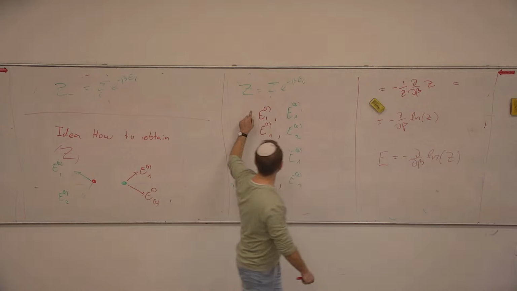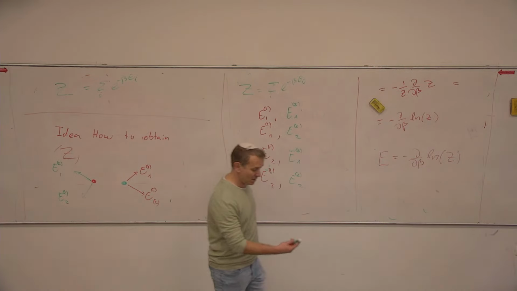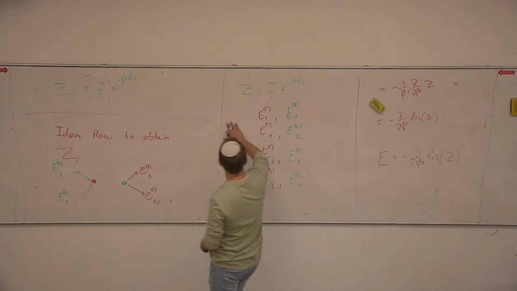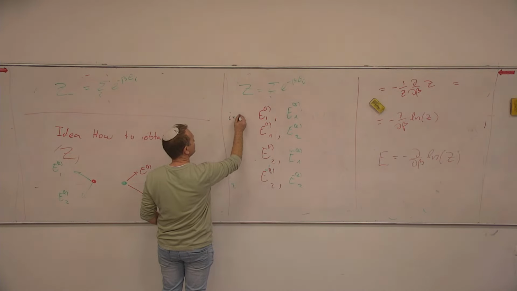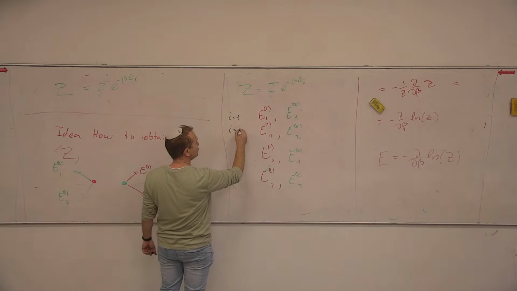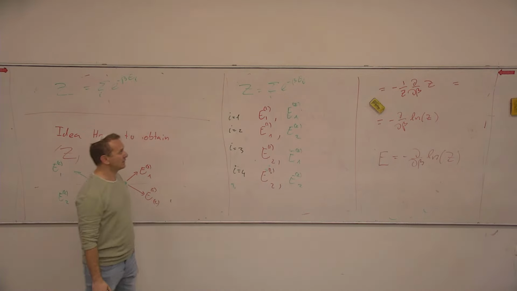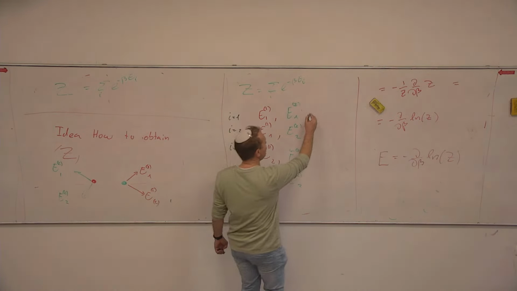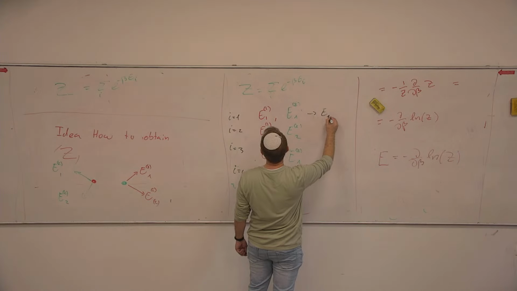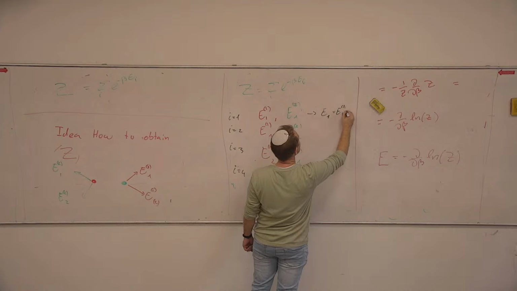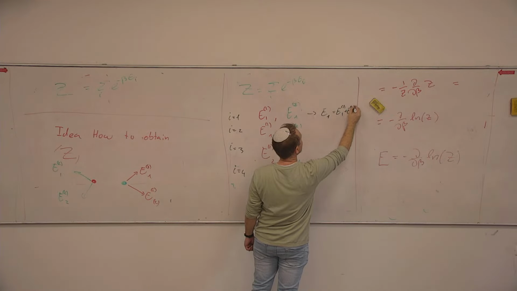So in total we have 1, 2, 3, 4 states. Each state, let's call it i equals 1, i equals 2, i equals 3, and i equals 4. The energy E1 equals E1,1 plus E2,1.